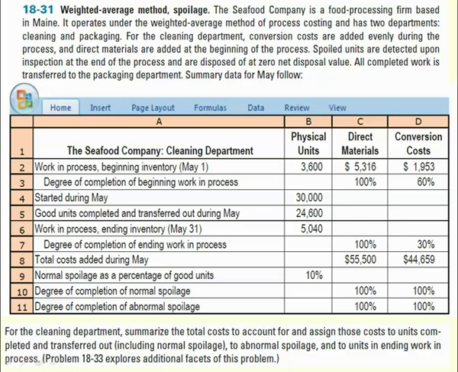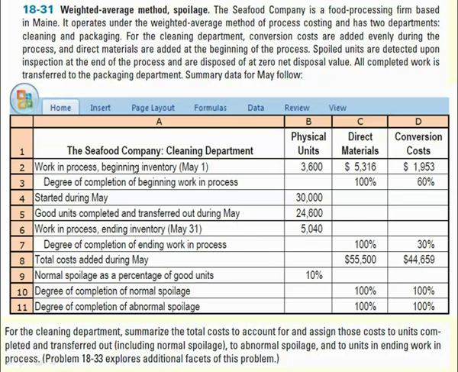Summary data for May are as follows. The Seafood Company cleaning department: physical units, direct materials, conversion costs.